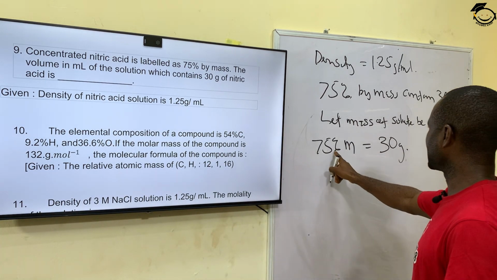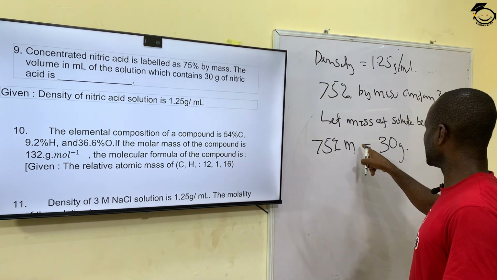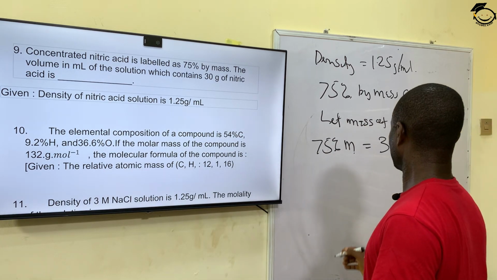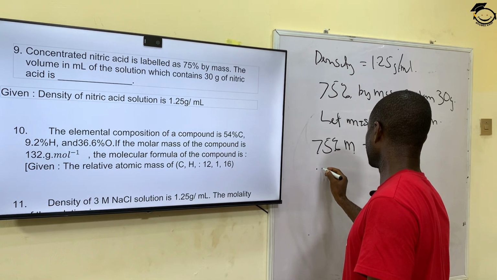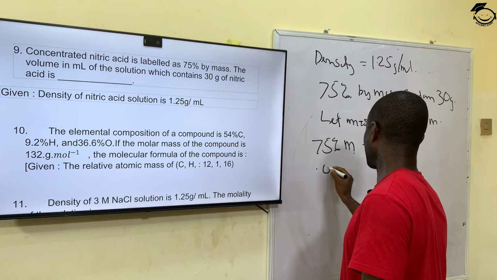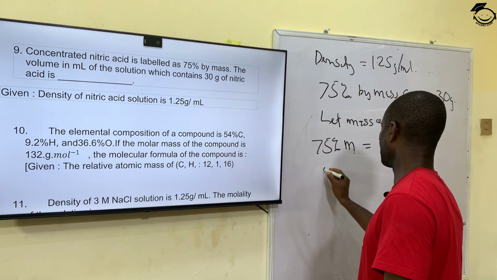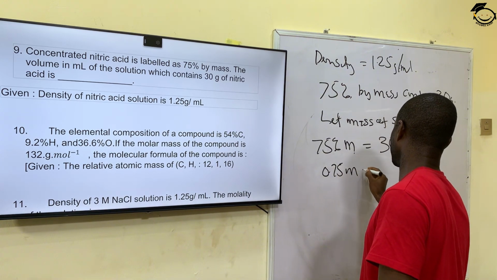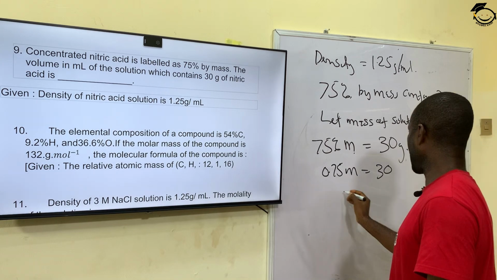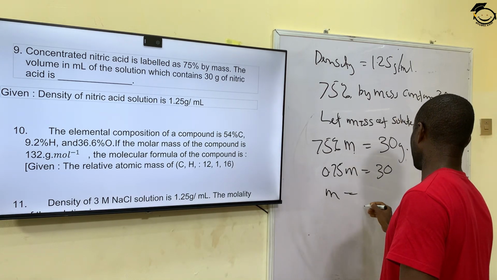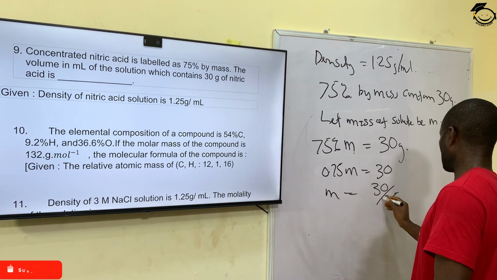That means 75%, meaning we can have 0.75. If you convert this percentage, that will give you 0.75 M equals 30 grams. So M, therefore, will give you 30 over 0.75.